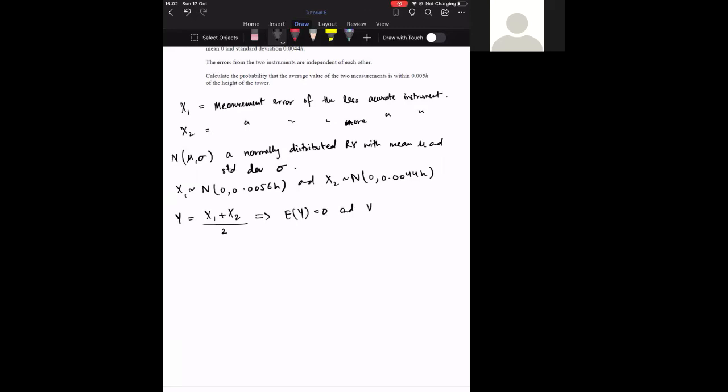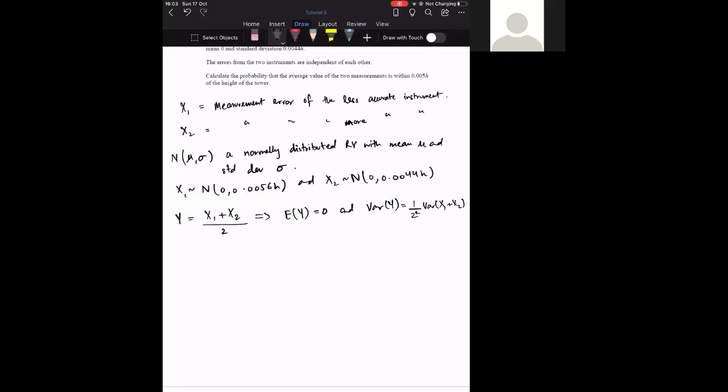And the variance of y equals 1/2 squared variance of x1 plus x2. 1/2 is being squared because that's the formula for any scalar being multiplied within the variance function. If you pull it out, you have to square it. There's a derivation available online. It's pretty simple, but if you have any confusion, you can always email us.